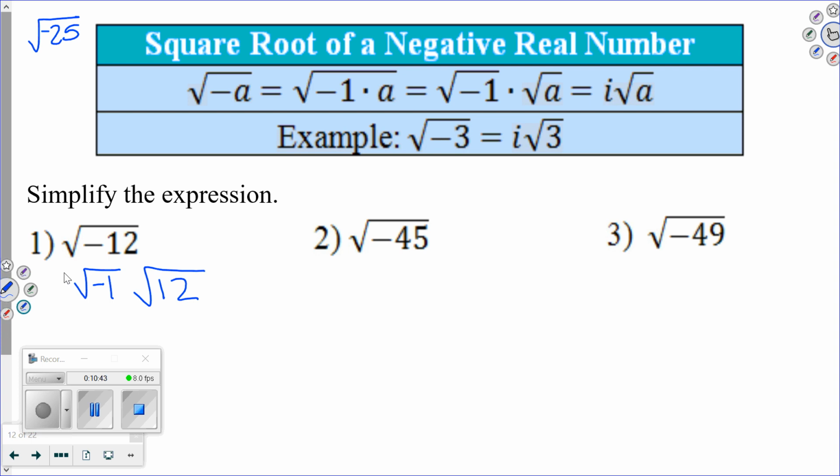What if I ask you what's the square root of 25? You tell me it's 5 or negative 5. Square root means it's a number times itself. 5 times 5 is 25. What's negative 5 times negative 5? Still 25. So when I'm asking this, I'm asking what number times itself gives me a negative 25?